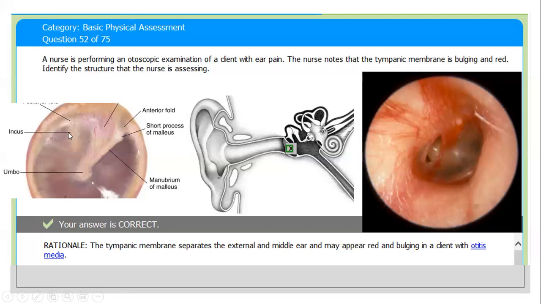This is the tympanic membrane, a cone-shaped structure, in the otoscopic view. This is normal anatomy. But here it shows the tympanic membrane is ruptured, bulging, and edematous.